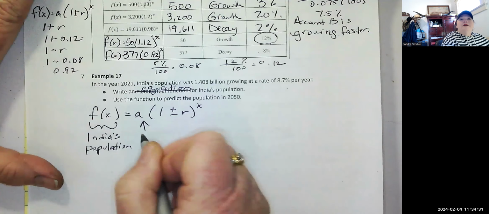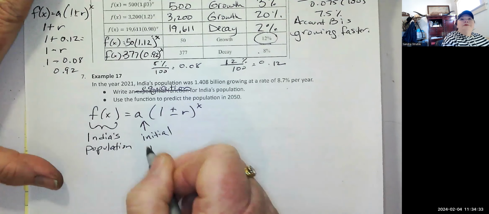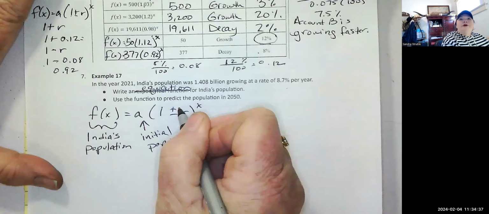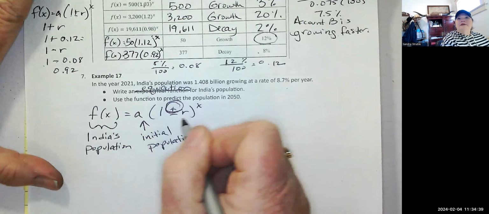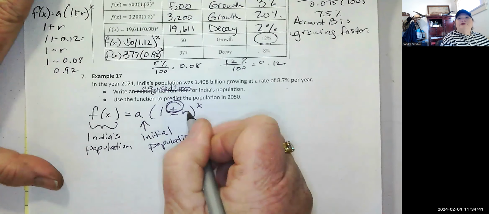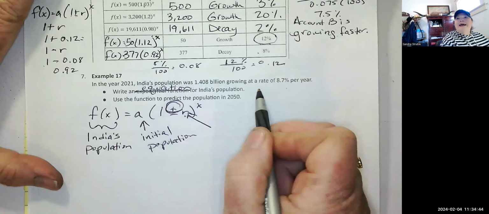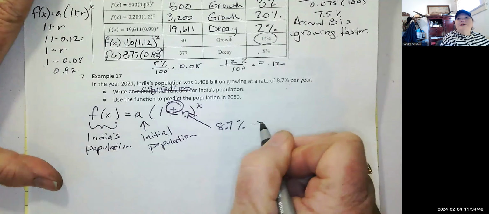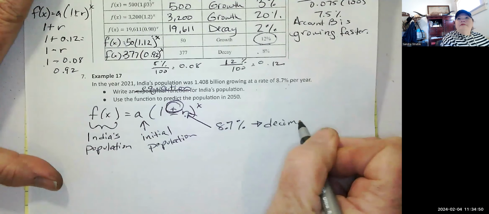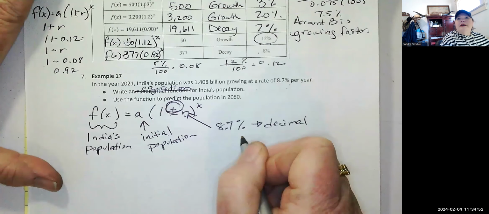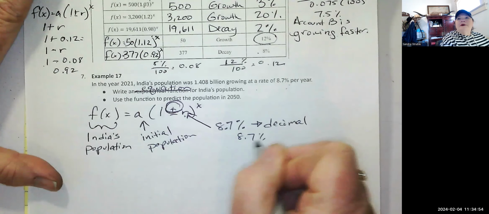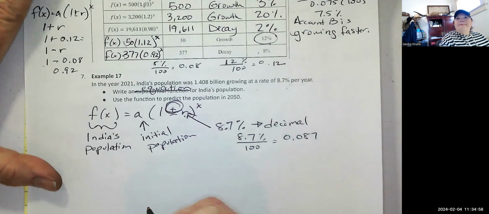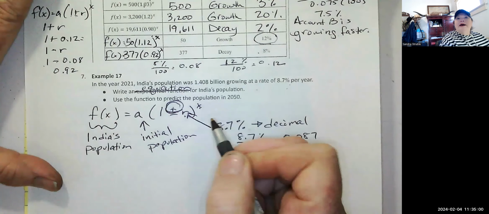This is the initial amount of the population, initial population. And it's growing, so we're only going to use the positive, the plus. And then the rate, we need to understand what the rate is. The rate is 8.7%, but we need to change that to a decimal, which would be 8.7 divided by 100 is 0.087. And then the last thing is we're going to have the x.